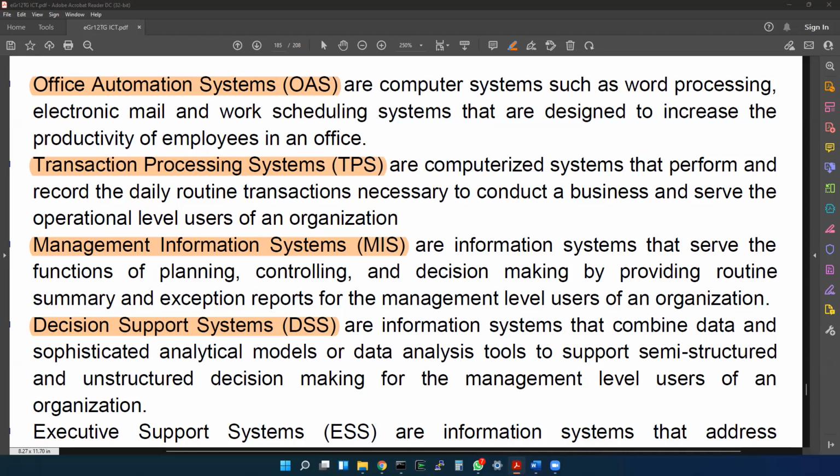Nowadays, you can have things like WhatsApp, and then work scheduling systems like Google Calendar, right? So the basic idea is the system will increase the productivity of employees in the office. So all the systems that we use to improve the efficiency of employees in an office, we call office automation systems.